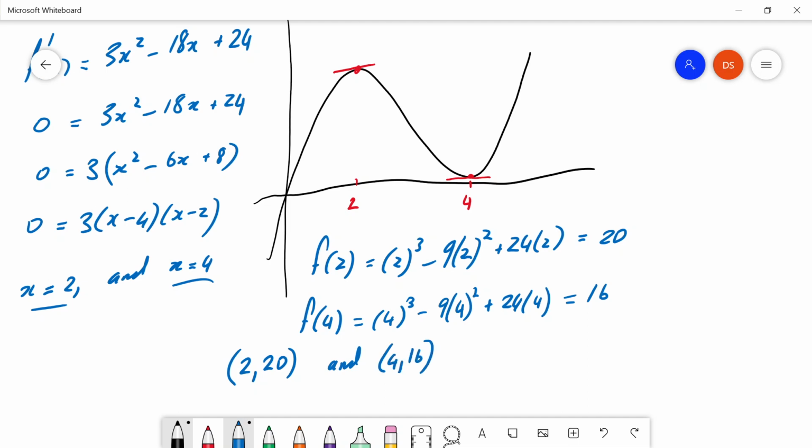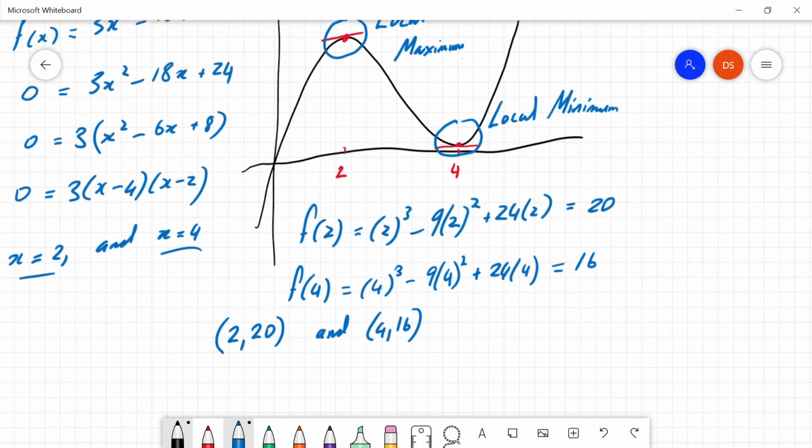What's really interesting is this point here is called a local maximum. And this point here is called a local minimum, because every point around it is higher than it, whereas the local maximum, every point around it is lower than it.